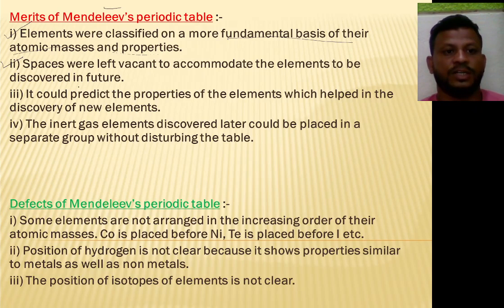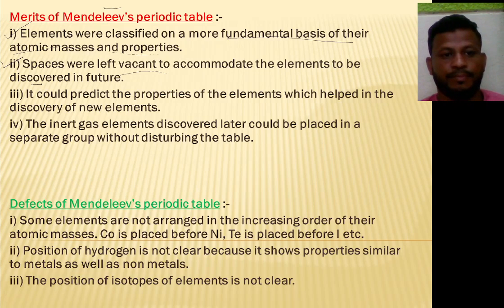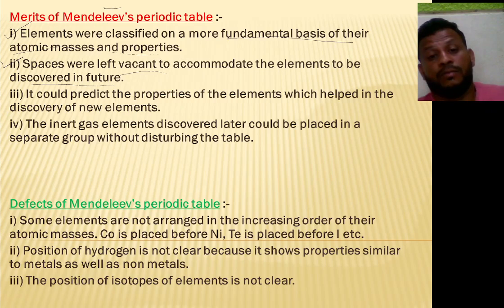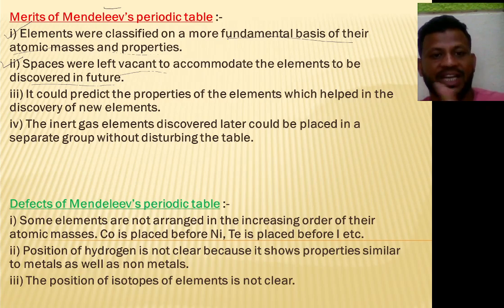Second, the space was left vacant to accommodate elements to be discovered in the future. It means the vacancies he left in his periodic table. Why? Because he predicted that some elements will be discovered in the future, and all the discovered elements can be placed in the vacancies left by him.